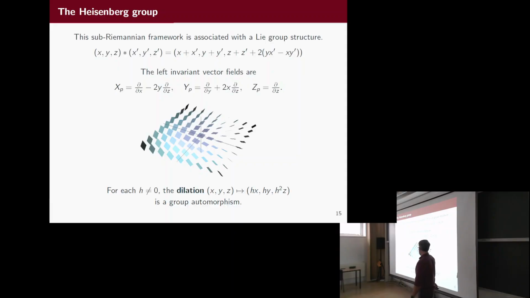The dilation is a group automorphism, meaning if you take a point and you dilate it in this specific way, where in the x and y direction things happen linearly, in the vertical direction things are squared, that maintains this group operation. It maintains the whole differential structure of our space, so things don't change. So it gives us this really nice structure.